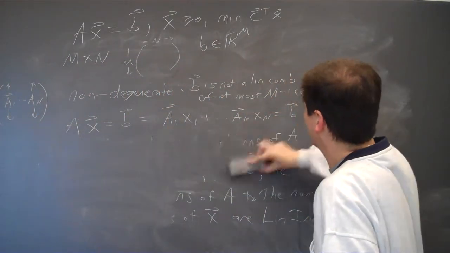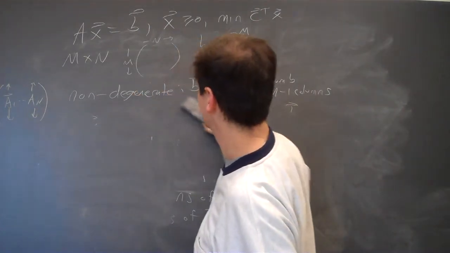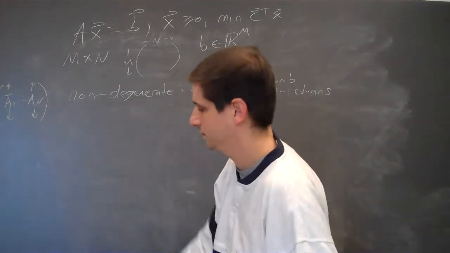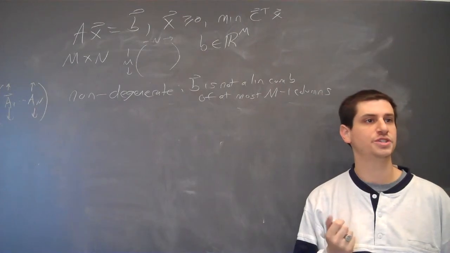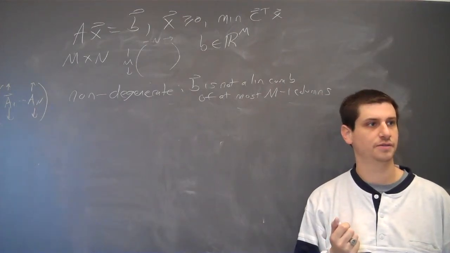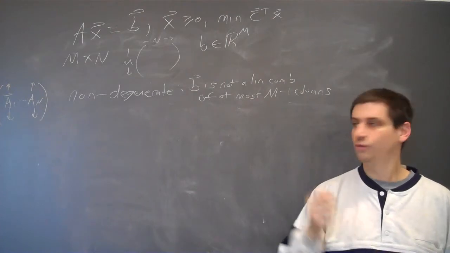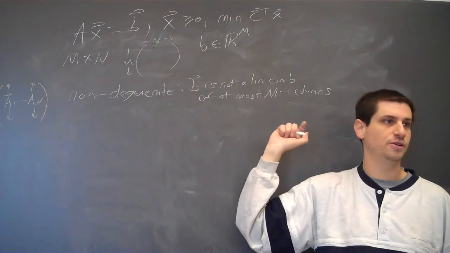So now, how many ways are there to choose columns? At most, how many choices of columns can I have? How many choices of non-negative entries of x?